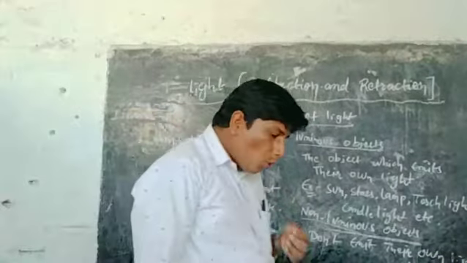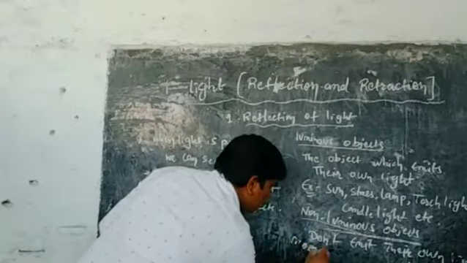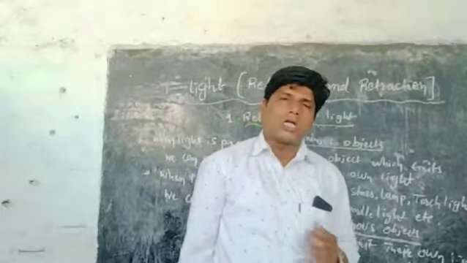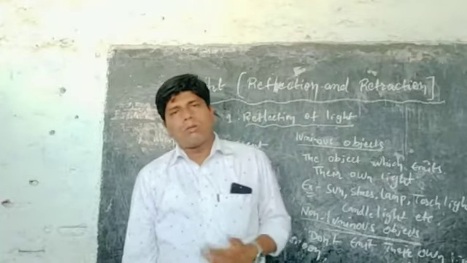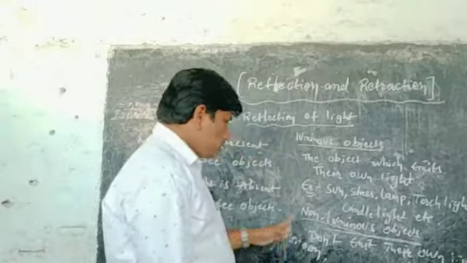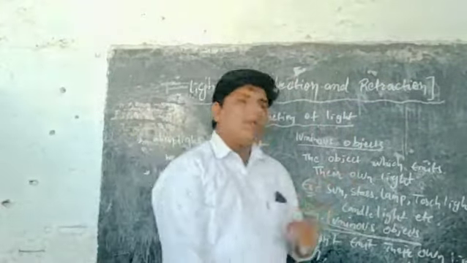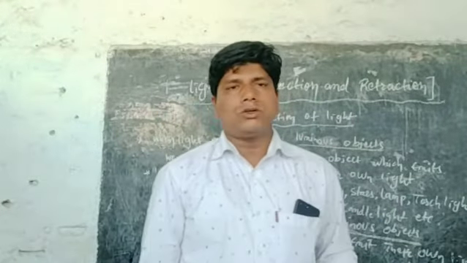Examples: the moon, which especially comes under non-luminous, table, chalk, marker, pen, pencil, textbook, human body, wall, blackboard, everything. We can write many more examples of non-luminous objects. Thank you. We continue in the next session.